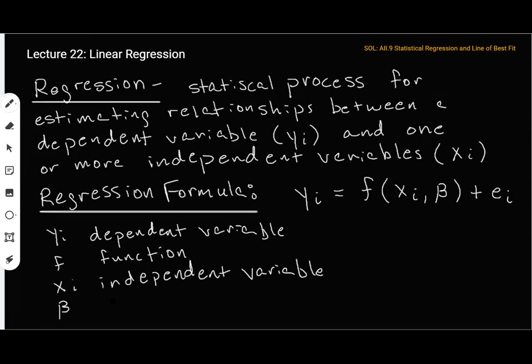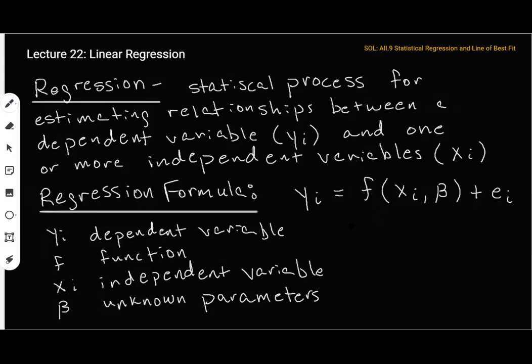The beta is going to be the unknown parameters. Once we do the regression, it'll tell you what the beta is going to be. So it's not going to be a mystery to you.